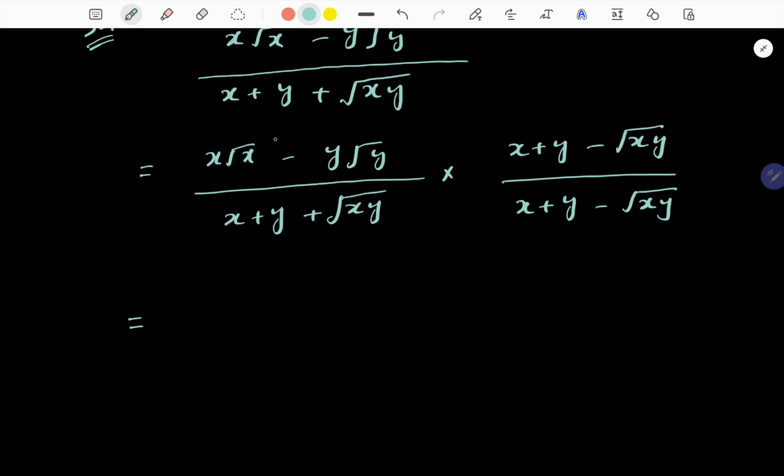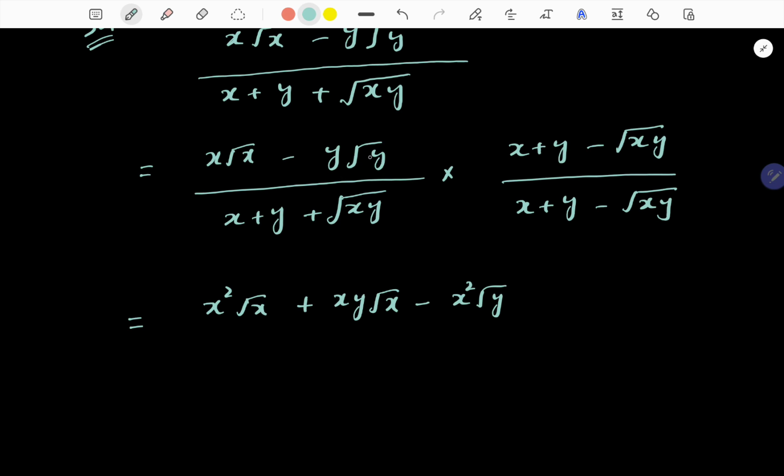When we multiply this with this term, we will get x square root of x. Then multiplying the same with the second, we will get plus xy square root of x. Then with the last we will get minus x square root of y.